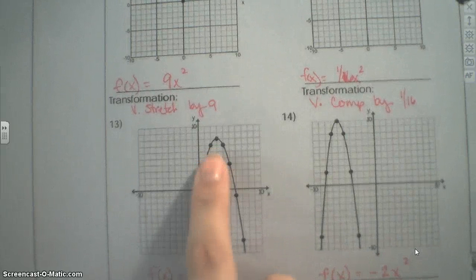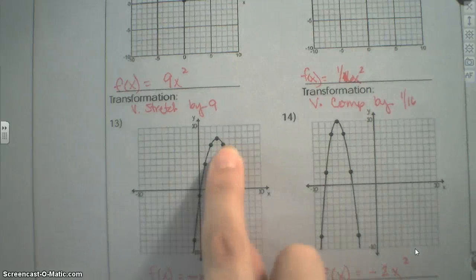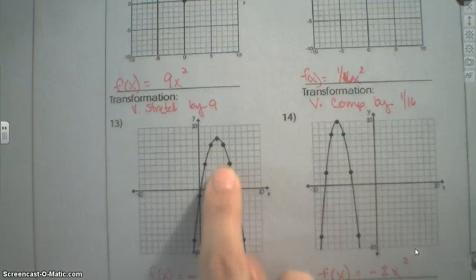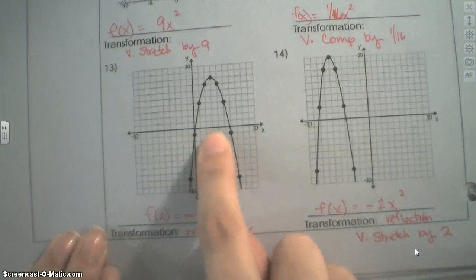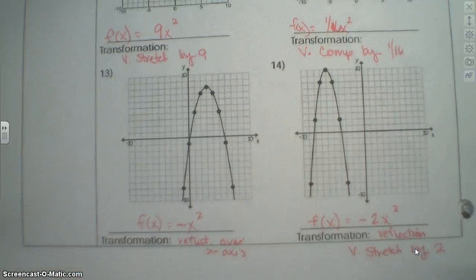Here, this one's upside down, so we've got a reflection. Same thing with number 14. Let's look at the slope. So here we're at 1, 1. Oh, here we're going up 4 from the vertex. So this one looks like no stretch or compression. It's just a reflection here. And then we also moved right 3 and up 8, which I forgot to write in there.